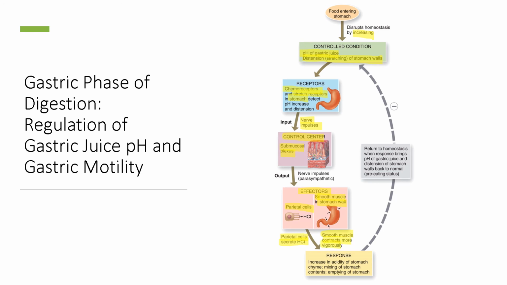So this will increase the acidity of the stomach chyme and also mix the stomach contents more rapidly. This will return us back to homeostasis, having a normal stomach acid pH, and also reduce the stretching of the stomach walls by emptying the contents into the small intestine.